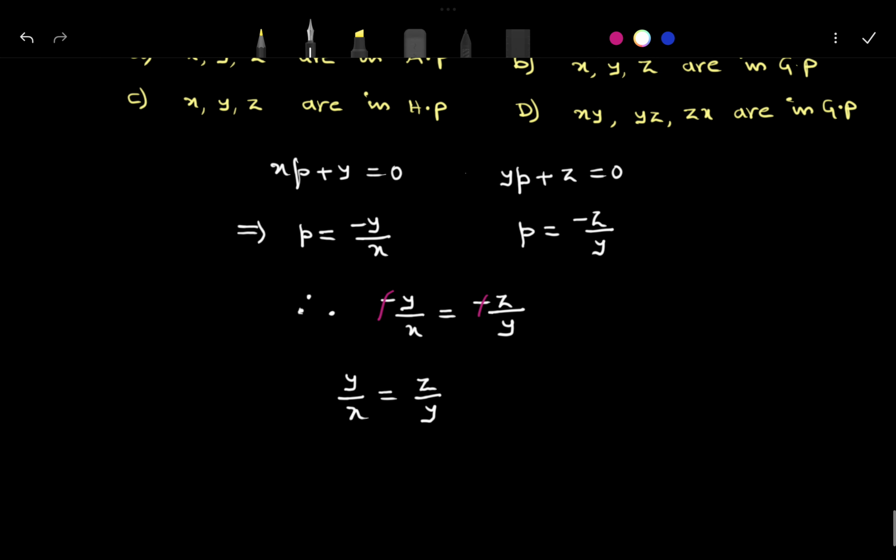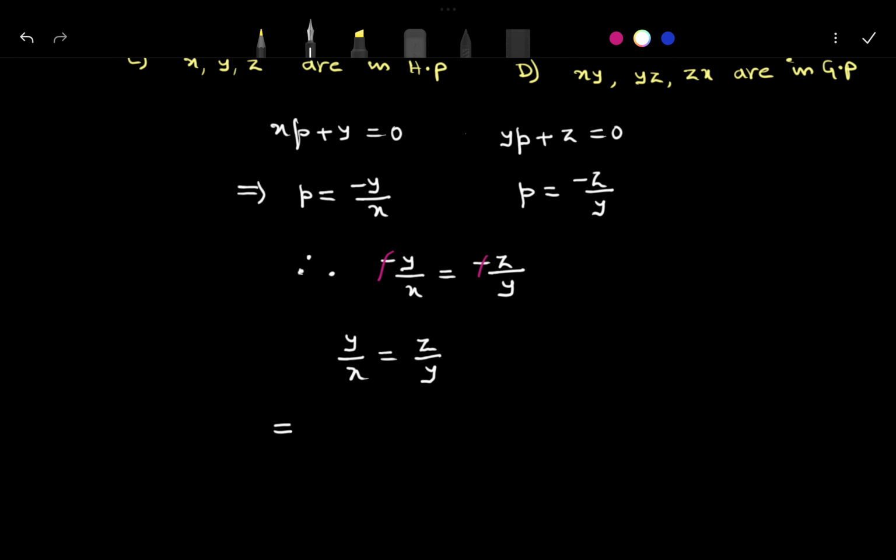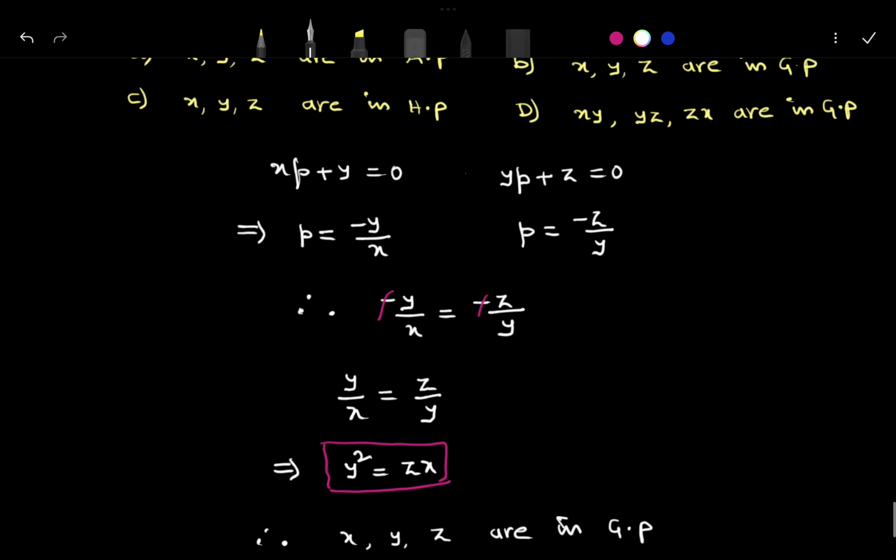So now you cross multiply this one, you will get y square is equal to z into x. So y square is equal to z into x means, you already know the fundamentals in sequences and series, therefore the result will be x, y, z are in GP. So your answer will be x, y, z are in GP.